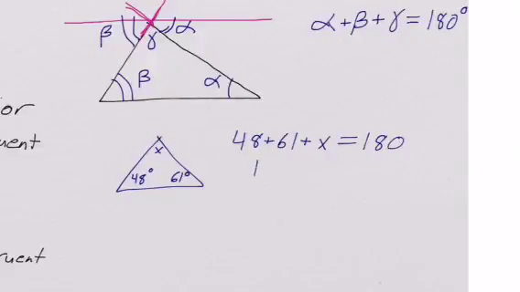Simplify 48 plus 61 and get 109. So 109 plus x is equal to 180. Subtract off the 109, and I get 71 is equal to x.